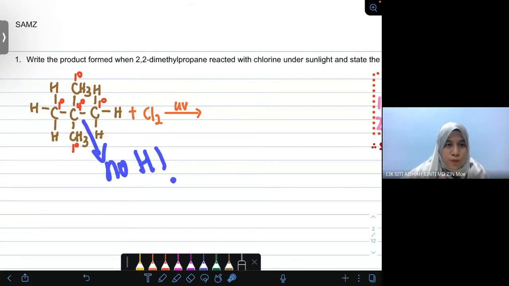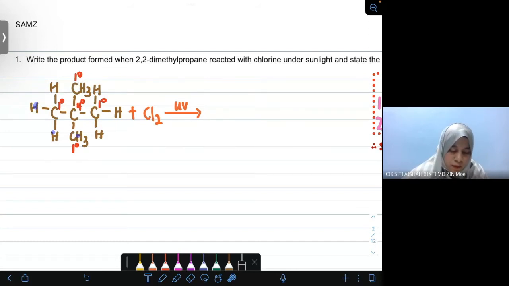Because the carbon already has 4 bonds, there's no hydrogen attached to it. So we cannot substitute there. There's no chlorine that can be attached here. So what happens is that chlorine will be substituted with any of our primary hydrogen. It doesn't matter which one. Again, why? Because the quaternary carbon has no hydrogen.